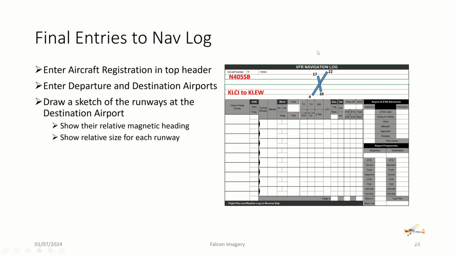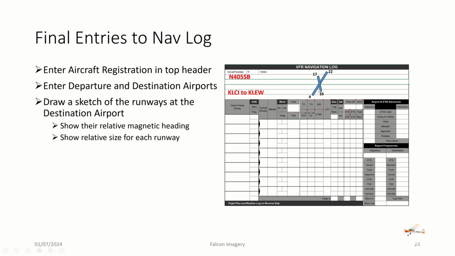And then lastly, I like to put in a picture of just a hand sketch of the airport runways that I'm going to see. And I put them in a couple ways. One, the relative magnetic heading that they're going to be on, and I'm flying a magnetic heading toward them, so I have a perspective of where I should see them out the window of the plane when I'm looking. And then the relative size in relationship to each other.